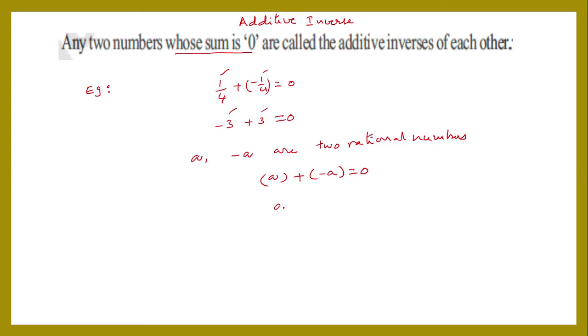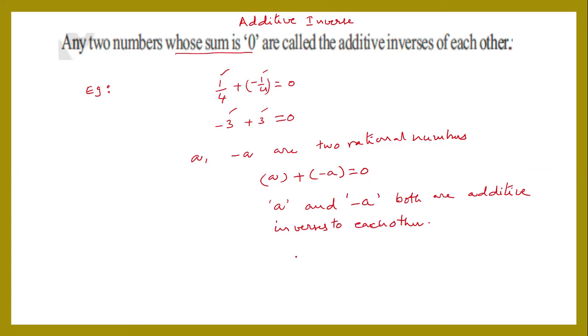That means here A and minus A are both additive inverses of each other. Okay, this property is called additive inverse. The sum of two numbers is 0, then those two numbers are additive inverses of each other.